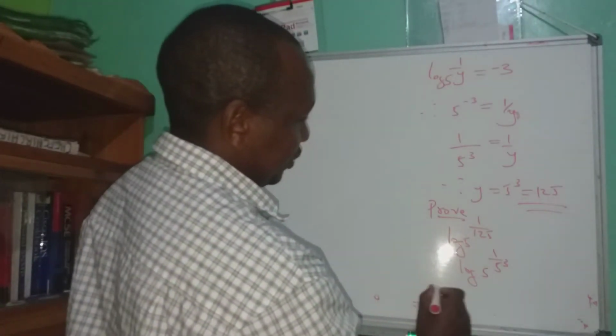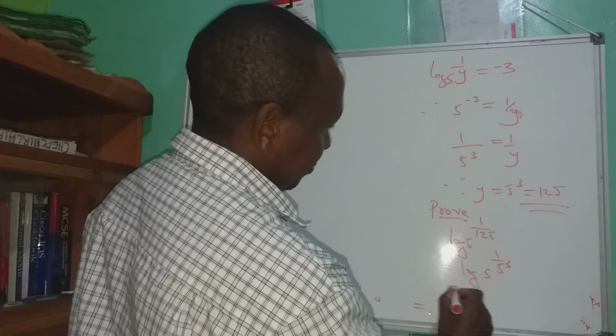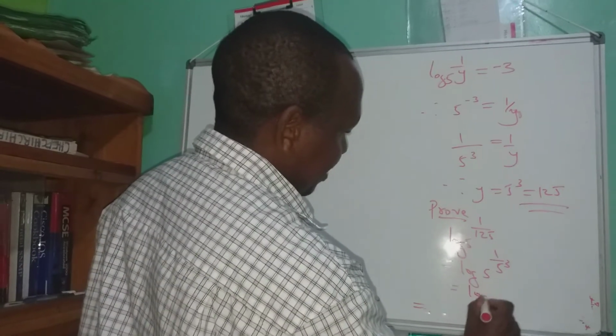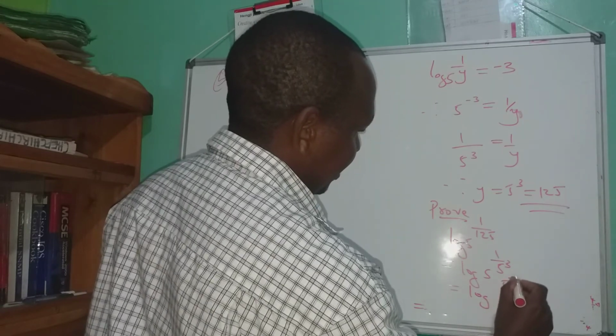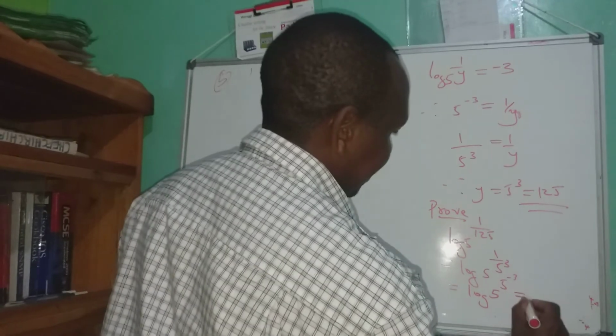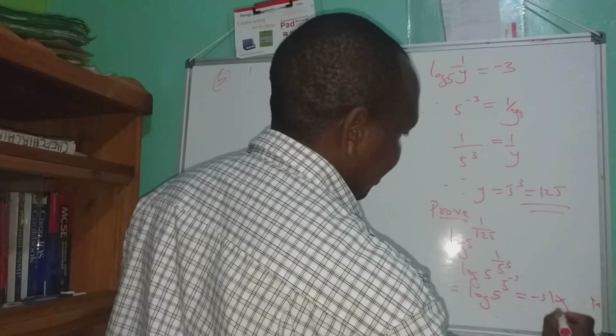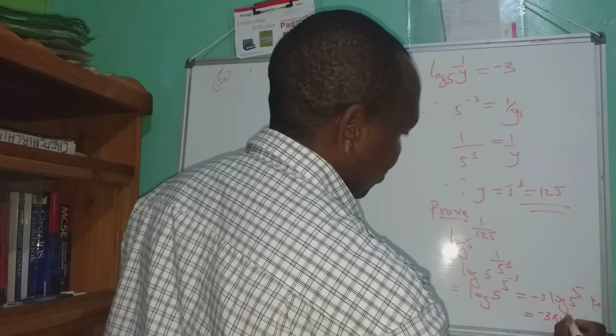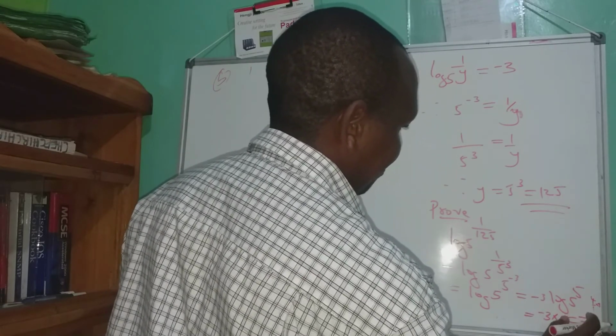This is equivalent to logarithm of 5 raised to negative 3 to base 5. And this is the same as negative 3 logarithm of 5 to base 5, which gives you negative 3 times 1, which is negative 3.